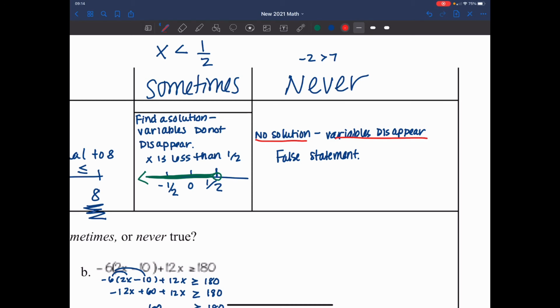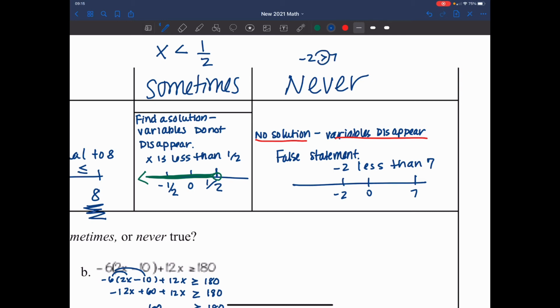And then when we're drawing this out on a number line, we say 7 is over here, 0 is here, -2 is here. And so we know just by reading it that -2 is less than 7.